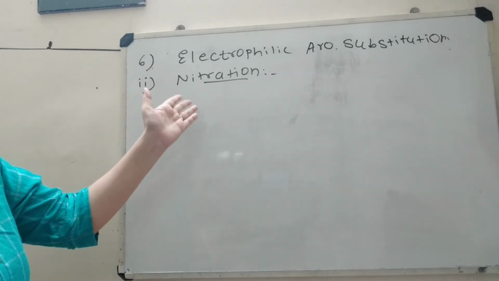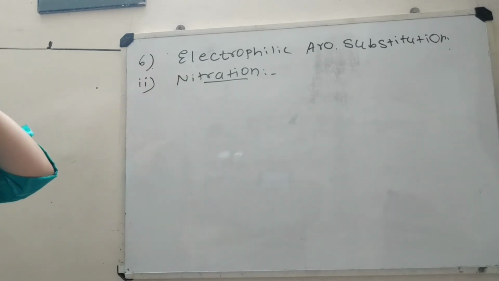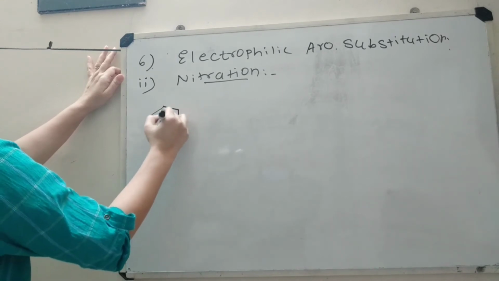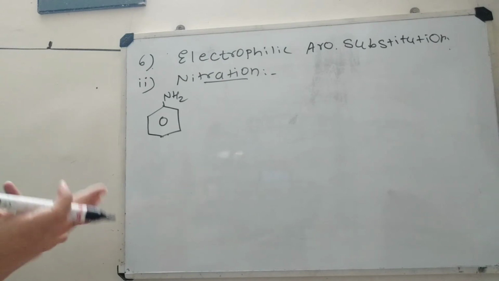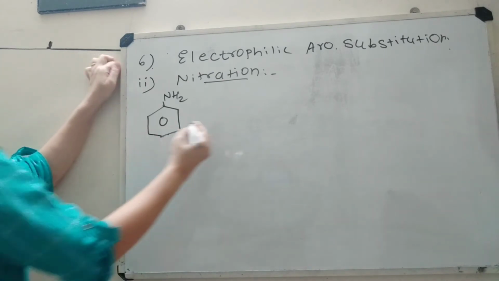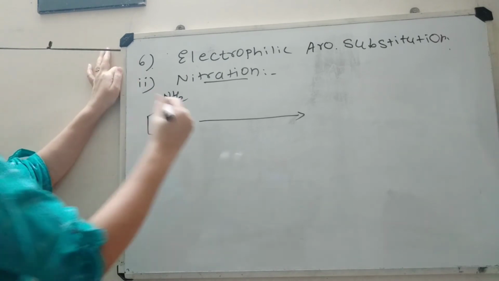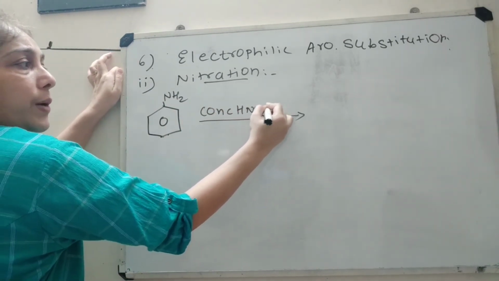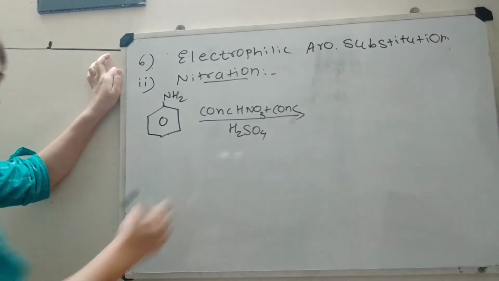Now after the first bromination, the second is the nitration. In this case, aniline, when it is heated with the nitrating mixture, reacts. As I told you before also, the nitrating mixture is the mixture of concentrated HNO3 plus concentrated H2SO4.